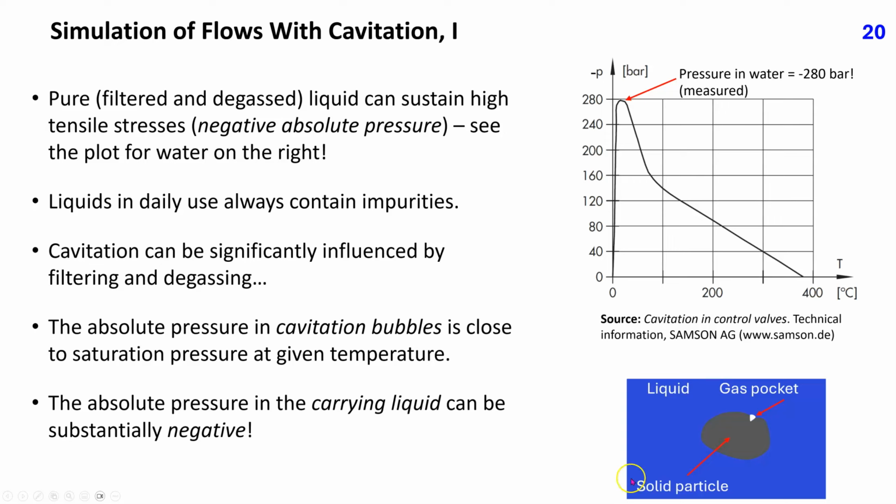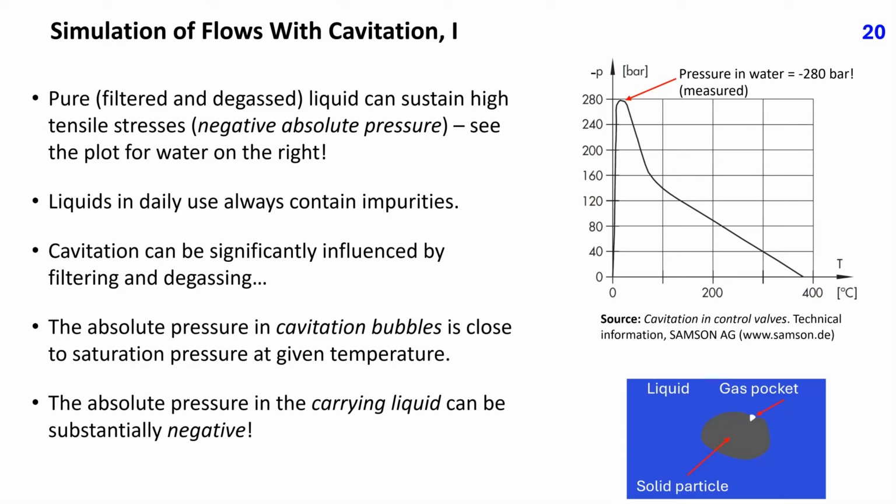This figure shows a small particle embedded in liquid containing a small gas pocket in one crevice. This interface between gas and liquid leads to the phase change as soon as the pressure in liquid drops below saturation pressure. Cavitation can be significantly influenced by filtering, that is, removing particles with potential cavitation seeds, and degassing, that is, removing non-condensable gases, both as free bubbles and dissolved in liquid.